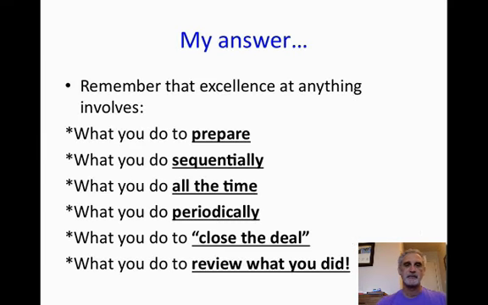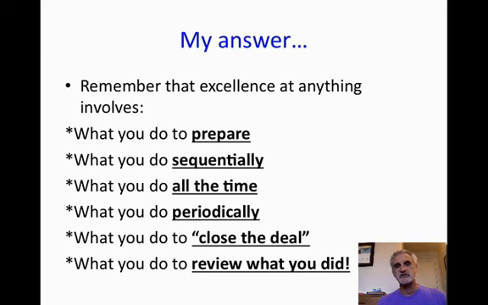And remember, Joe, and those of you who are watching this, if you want to get excellent at speed seduction as well as any other skill set, there's what you do to prepare. There's what you do sequentially. In other words, do you have all the pieces that you're only going to do at a certain point in the skill? Are you aware of and do you have a good degree of competency at those things that you're going to be doing all the time?